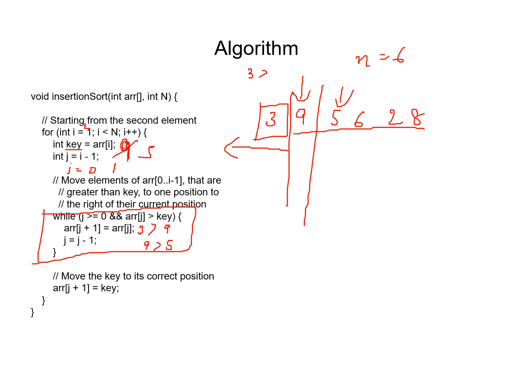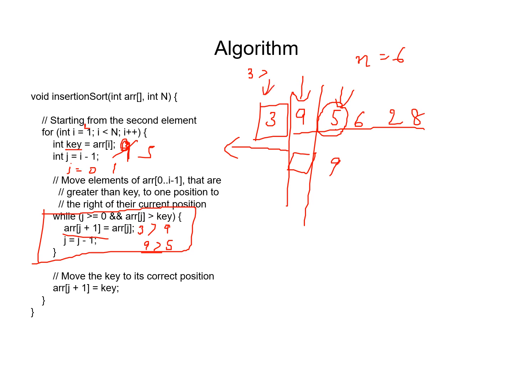So 9 is greater than 5. That means I need to perform this condition and this condition. Both are true. Now I need to do the shifting operation here. 5 and 9. So what will happen? It will not be swapped, but 9 will be coming here, and at this particular position, nothing is placed. So it is vacant, and j will be decremented by 1.